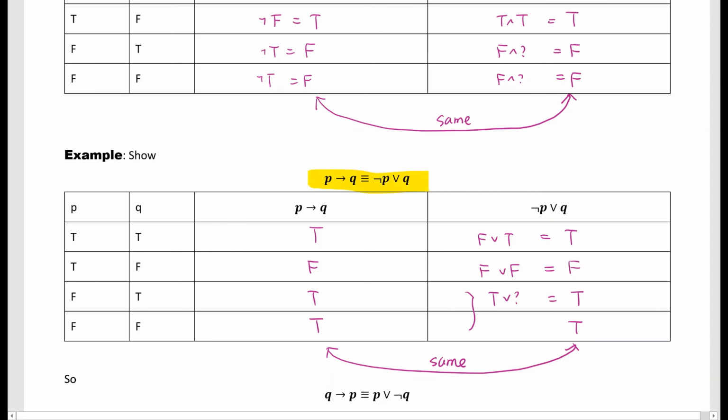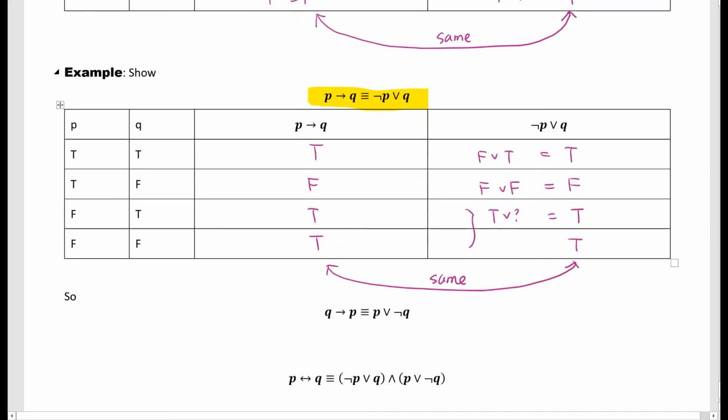Okay, because this guy gives us a way to transform the problem from conditional propositions into logical propositions connected only with not and or. Okay, and so this is very important. So keep in mind, P implies Q is equivalent to not P or Q.